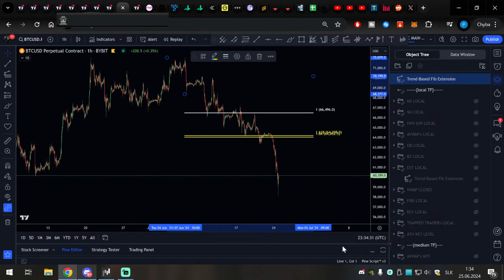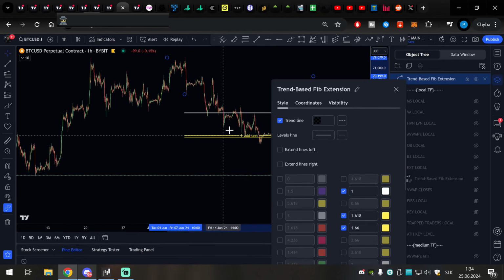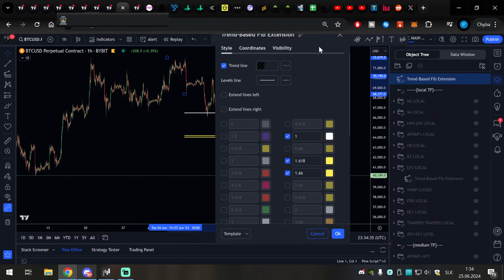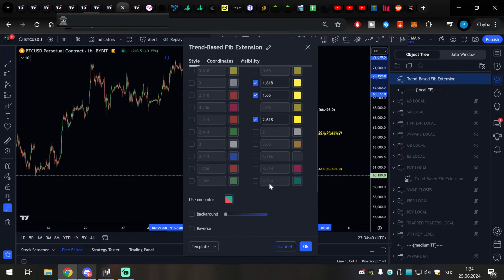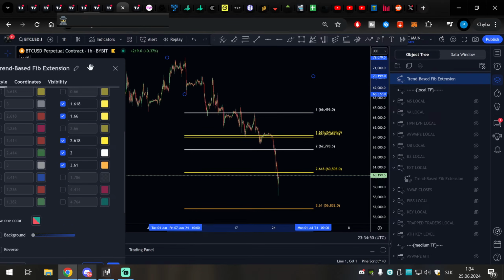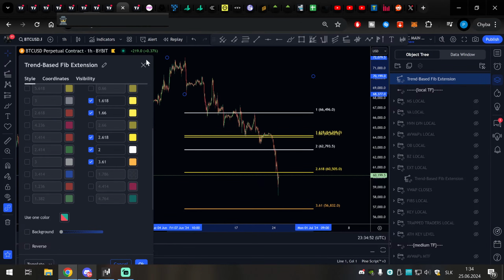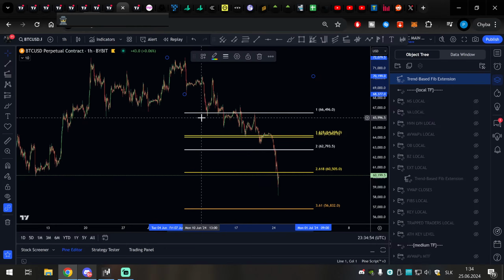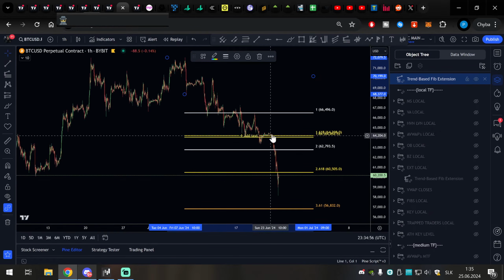You can do extensions out of it. Market showed you it's paying attention to it, so you can do the same to the downside. Do we have 361? Where are you? Now we can actually do it like this. 361. You can also turn on the 2. Yeah, but the best reaction is of course from the 1 and 161. So this was already traded.